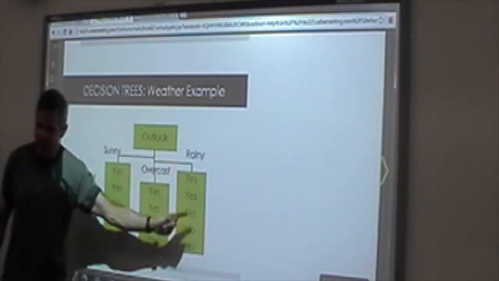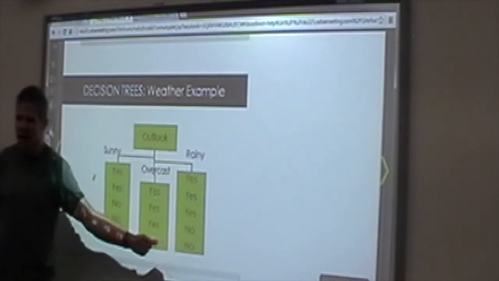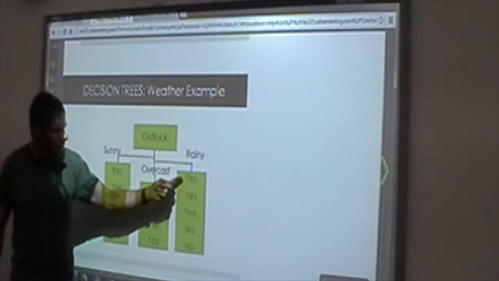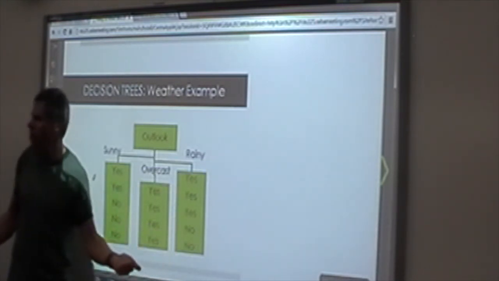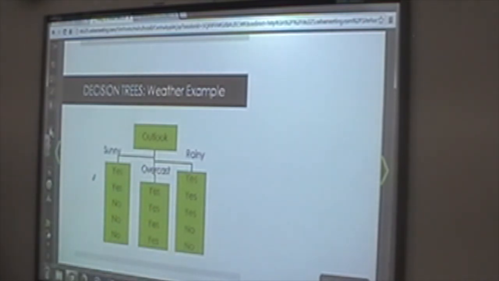We calculated the last case too. Here it's information of 3 yeses and 2 nos. So there your probability would be 0.6, so 0.6 times log of 0.6, and then a negative of all of that.